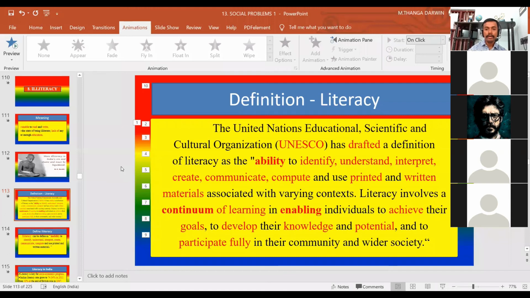UNESCO defined it as the ability to identify, understand, interpret, create, communicate, and compute using printed and written materials. Keyword: ability to. Then it involves a continuum of learning, enabling people to achieve goals, develop knowledge and potential, and participate fully in their community and wider society.